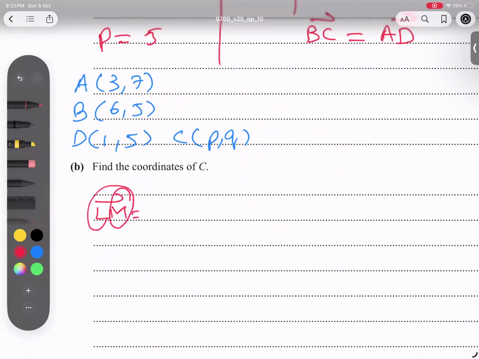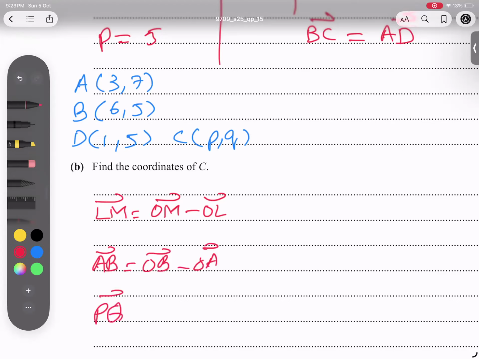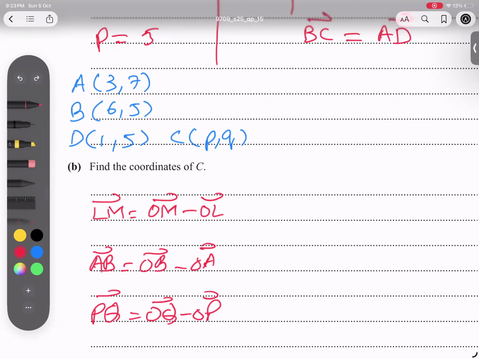OM minus OL. Repeat my words: where the arrow ends, I write first. Example, what is the AB vector? Vector ending at B, so OB minus OA. For example, PQ, vector ending at Q, is OQ minus OP. Every time we use O always here. This is the criteria.